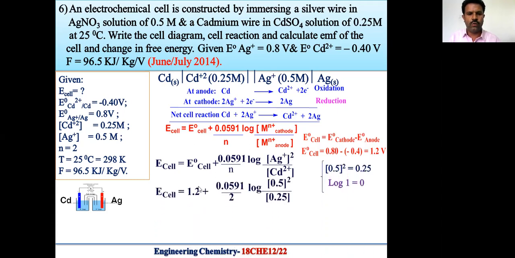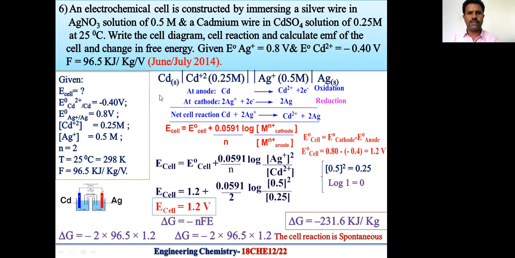E cell is equal to E naught cell value 1.2 volt plus 0.0591 by 2 log of the silver ion concentration 0.5 squared divided by cadmium ion concentration 0.25. And finally, you will get EMF of the cell under given condition equal to 1.2 volts.